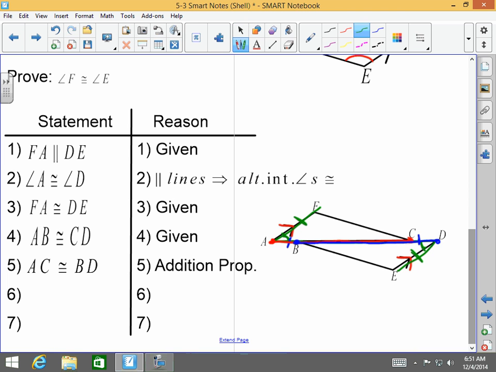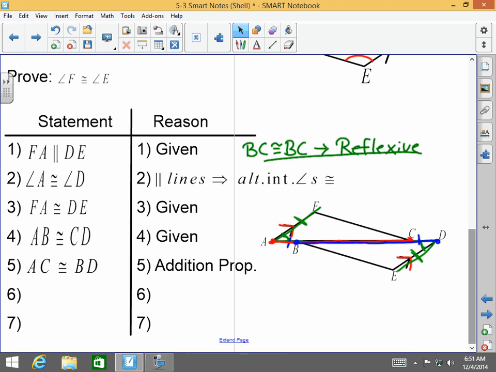Shouldn't you have said that BC is congruent to BC because of reflexive? Yes, you could have, and I'm not going to mark you wrong if you did put that, but it is pretty much assumed here at this point. So since AB is congruent to CD, and you're adding segment BC to both, then AC must be congruent to BD because of the addition property.